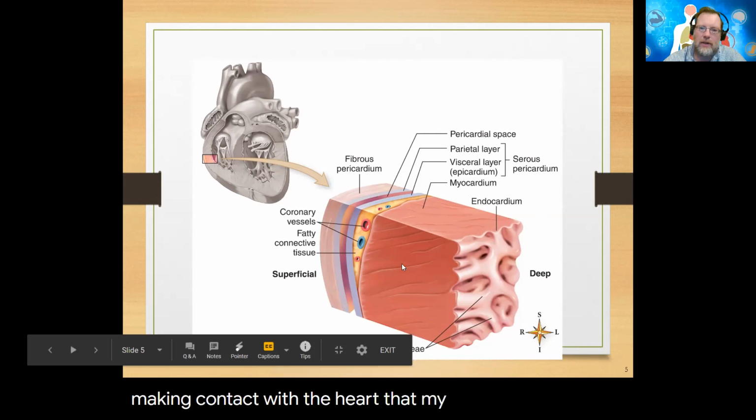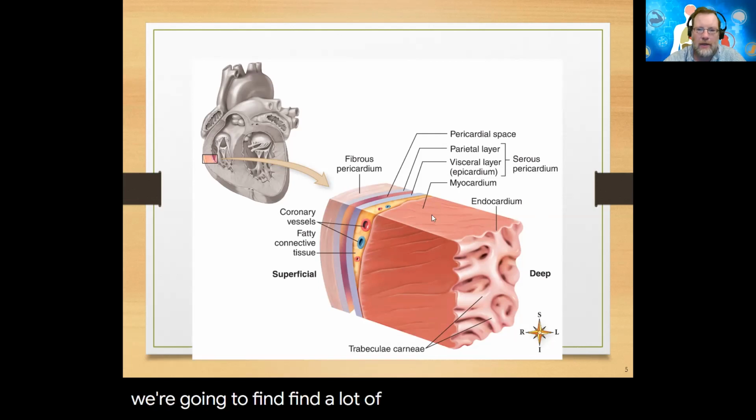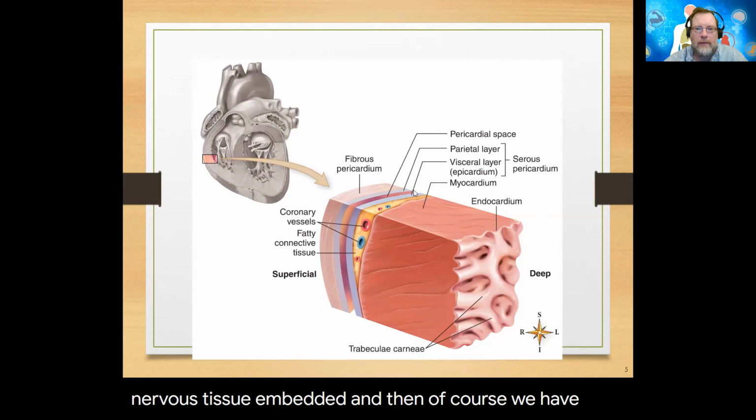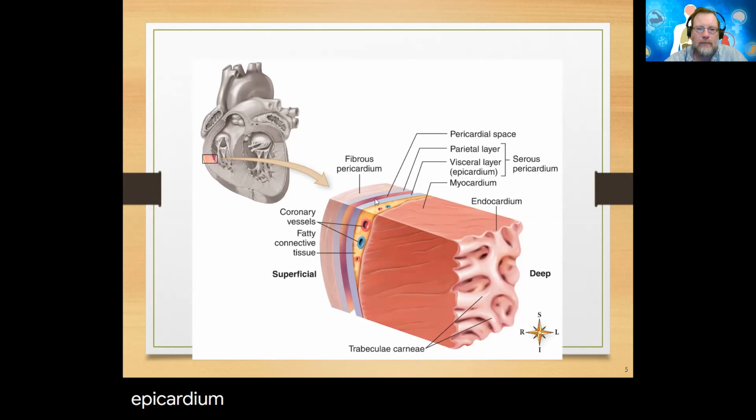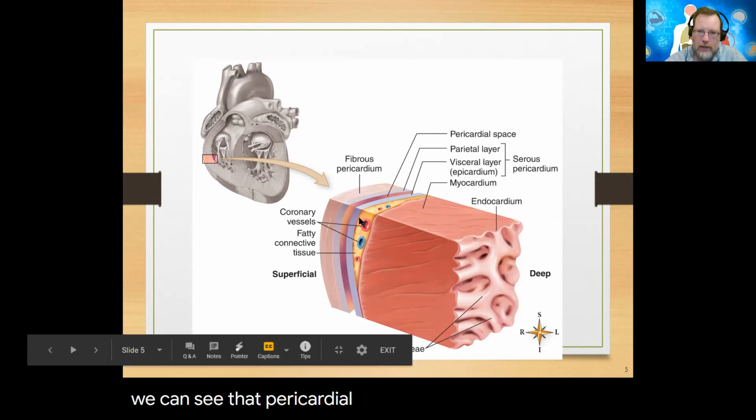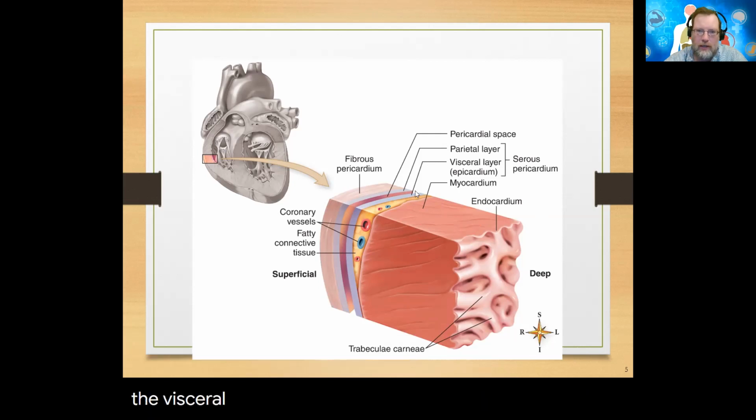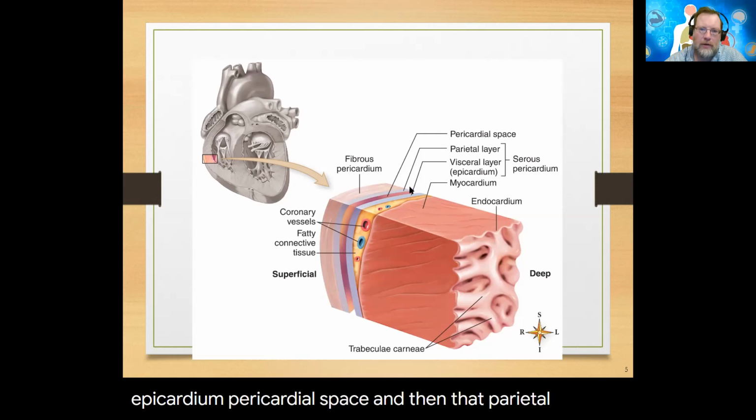That myocardium is where we're going to find a lot of the nervous tissue embedded. And then, of course, we have the epicardium connecting with the pericardium. And we can see that pericardial space here as well. So we have the visceral layer of the pericardium, also called the epicardium, pericardial space, and then that parietal pericardium.